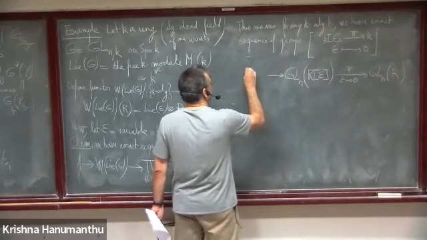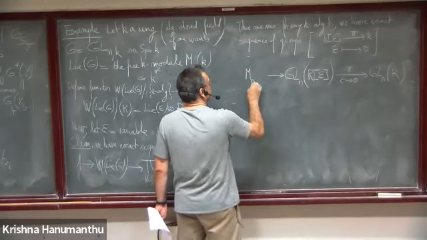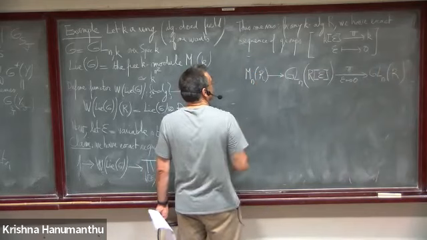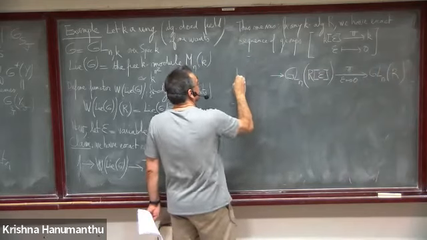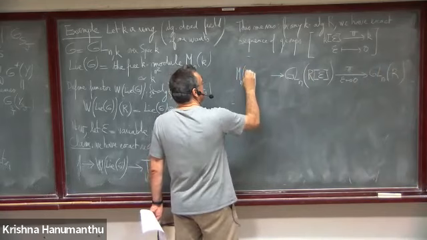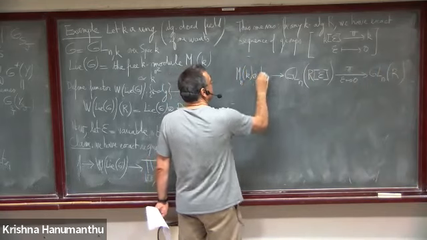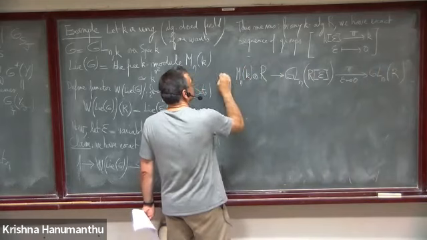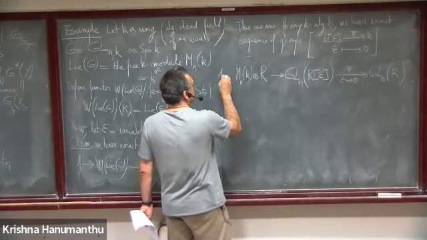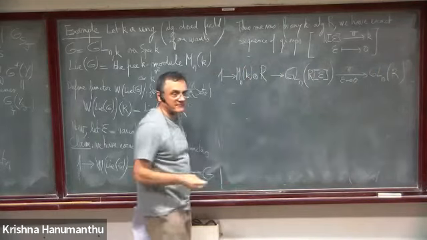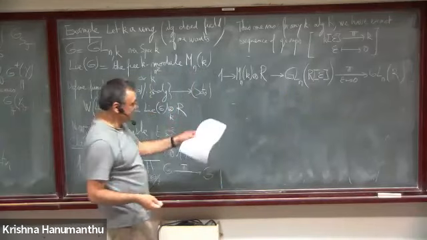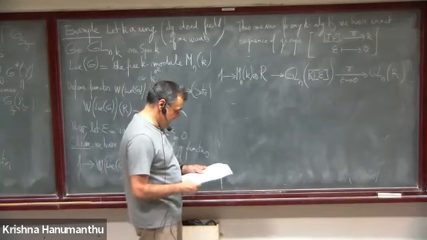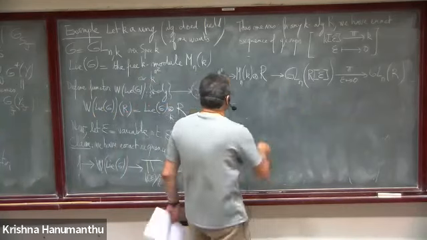Well, the kernel is naturally isomorphic with Mn of R. So let me put one here because it's a group.